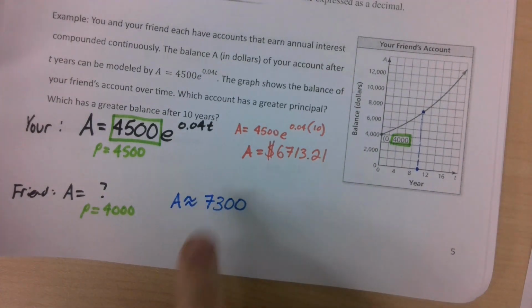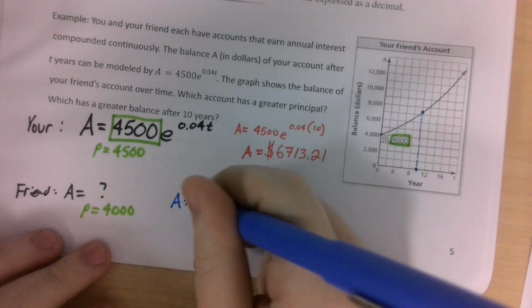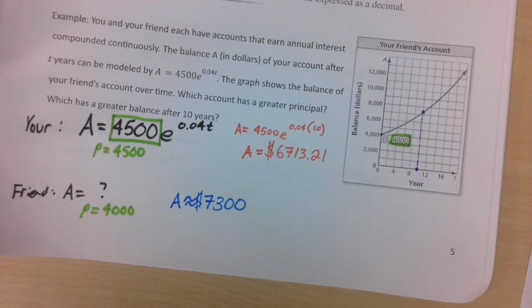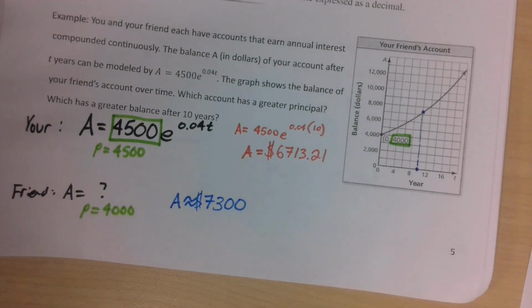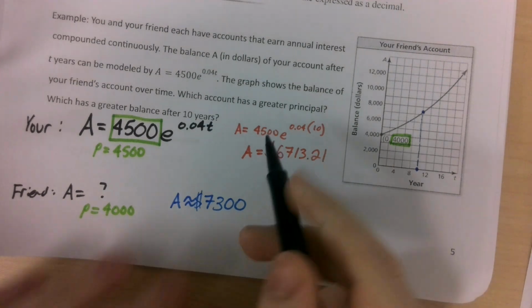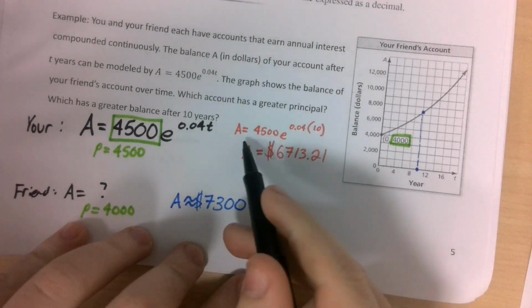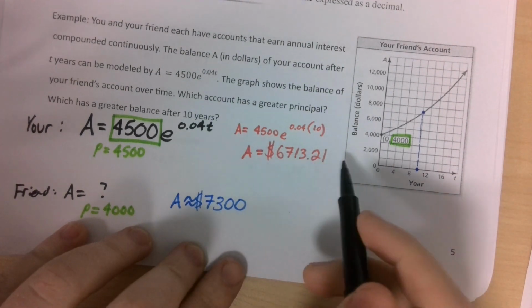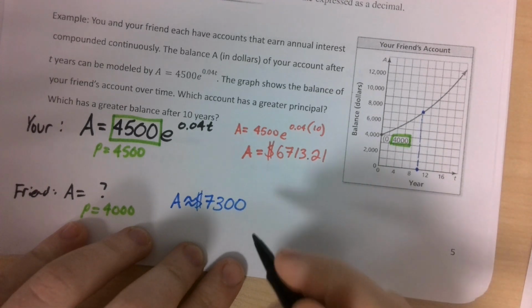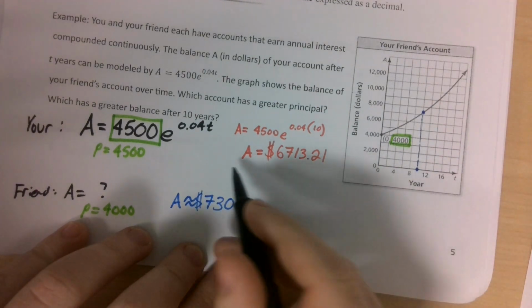Obviously, our friend has more money in the bank account. They have more money. But to figure out who has the better balance after 10 years, well, we could just compare the numbers. If you wanted to figure out who had the better deal, let's look at how much money we earned. So if we put in 4,500 and we got out $6,713.21, how do we figure out how much we earned?